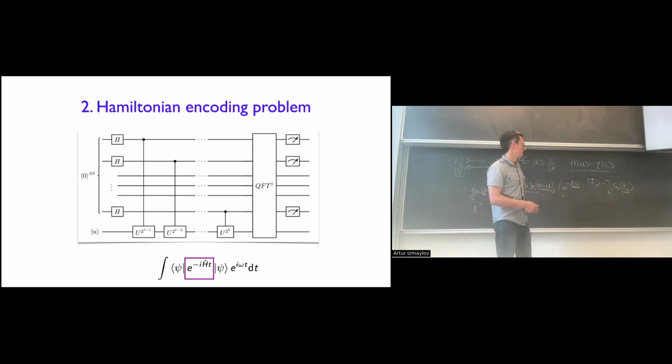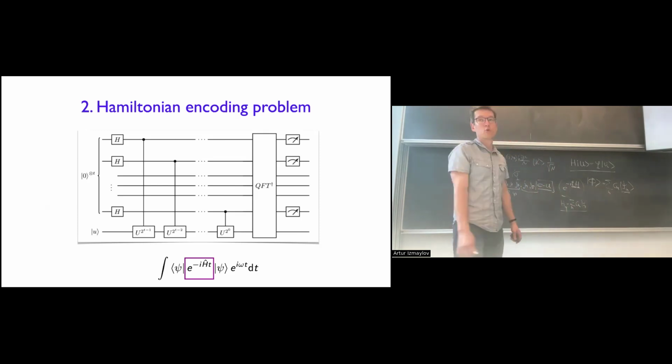Even if the Hamiltonian is presented, as we talked, in a qubit format, so it's a linear combination of Pauli products, there is still a so-called compilation problem. How do I present the exponential function of this Hamiltonian in terms of elementary gates that a quantum computer can do?